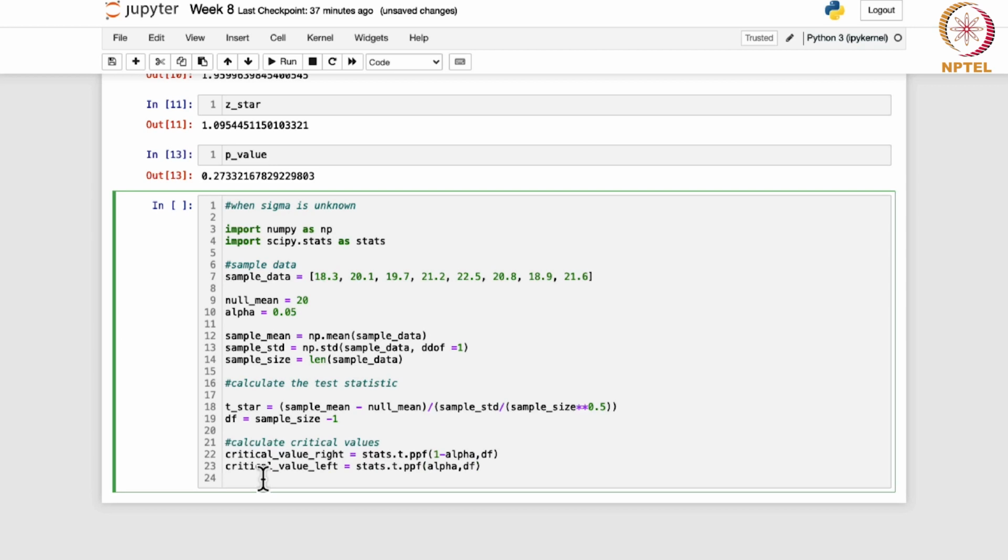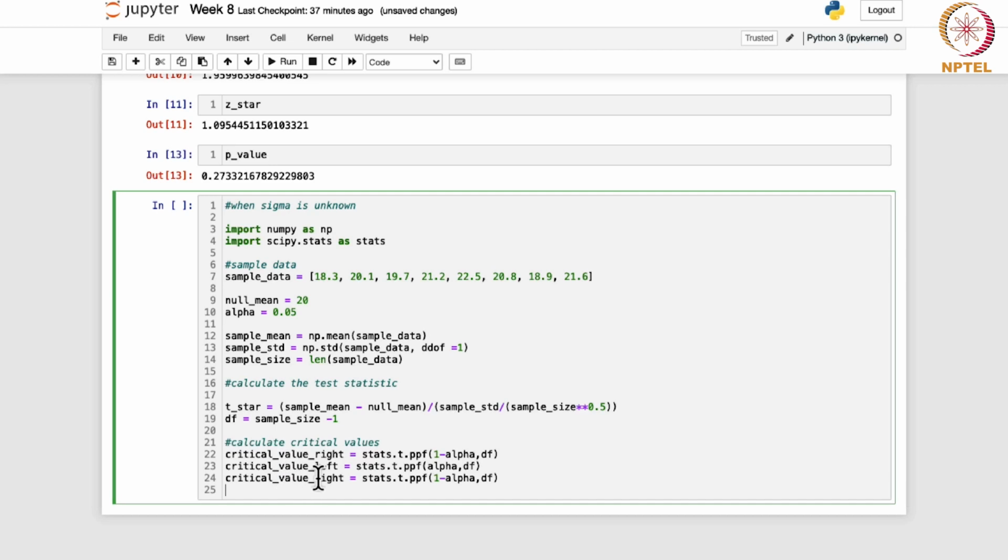Now for the two-tailed, what will happen? So let me just write critical value. I am writing two-tailed here. So value 2 means that I am writing for the left and the right tail.